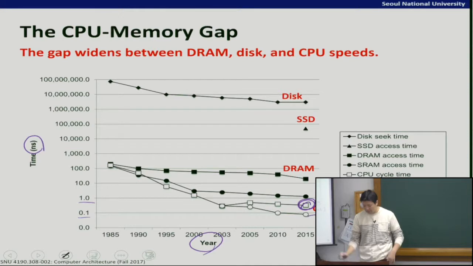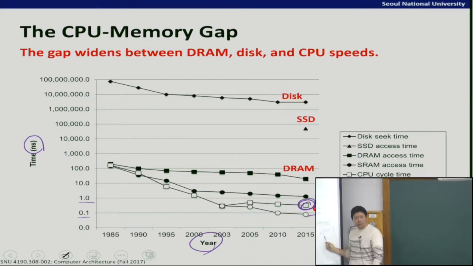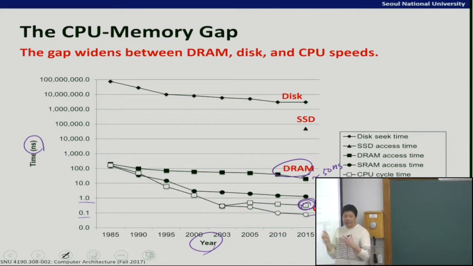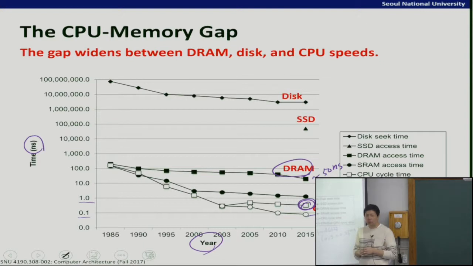In contrast, what is the access time for DRAM? As I said, DRAM access time is somewhere like 50 nanoseconds. That's the assumption. Of course, it depends on access pattern, but in the worst case, let's say it takes as much as 50 nanoseconds. So DRAM access time is here, between 10 and 100.